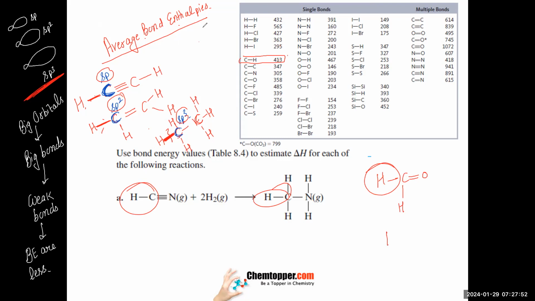There are so many children with different ages. They may differ by 1 month, 1 day, 1 hour, 1 year. But we are talking about the average age of the class. Same here. The bond enthalpies are different. They are not exactly the same. But we have taken the average of all types of bond enthalpies in this table. So I want you to understand this word.